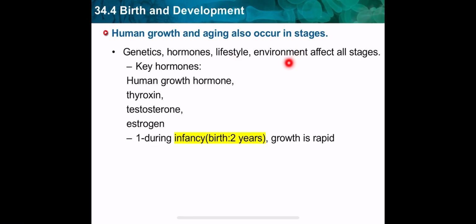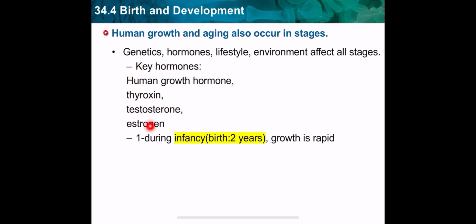Plus the environmental factors, if you're living in a cold area or in a hot area, all those are key factors affecting all stages. So if there are two persons that are twins, even if they are identical twins but they lived in different environments, they will show different development during the stages of growth.